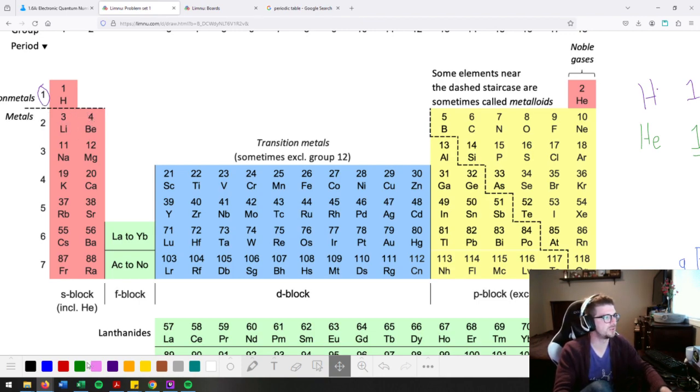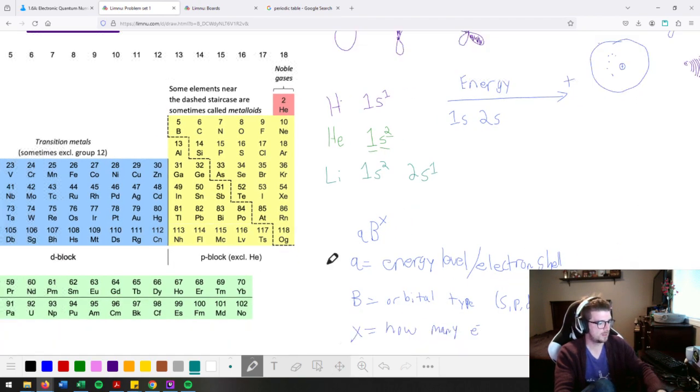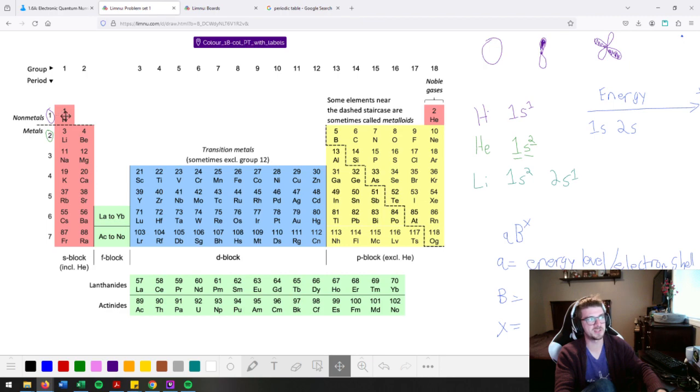That's where we go to the second electron energy level, and we start with lithium. Lithium has an electron configuration of 1s2, 2s1. This is saying that lithium has 2 electrons in its 1s energy level, and it has 1 electron in its second energy level.